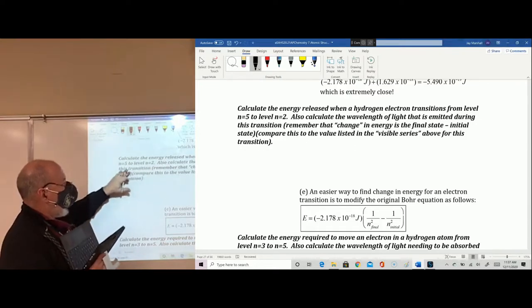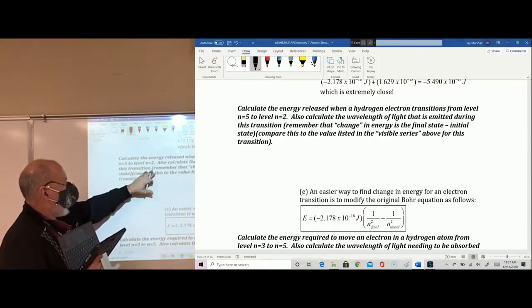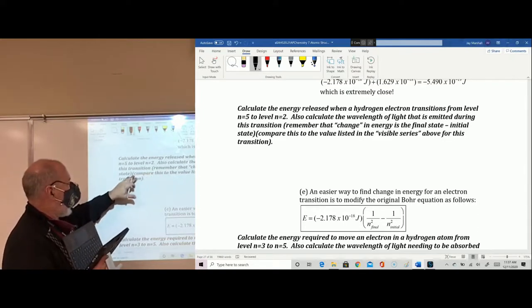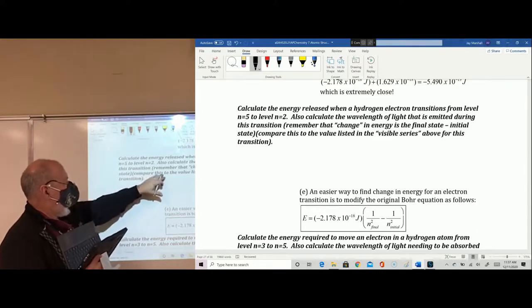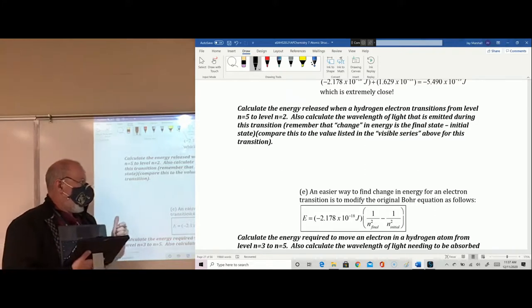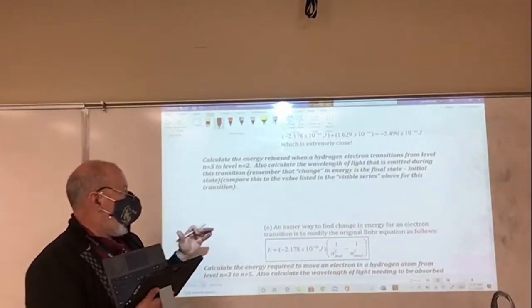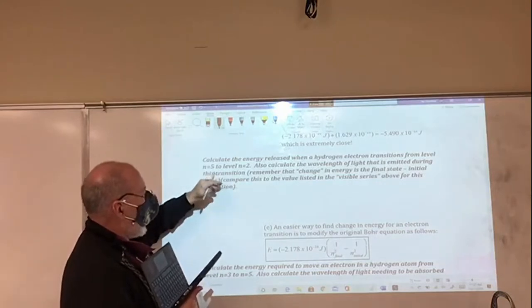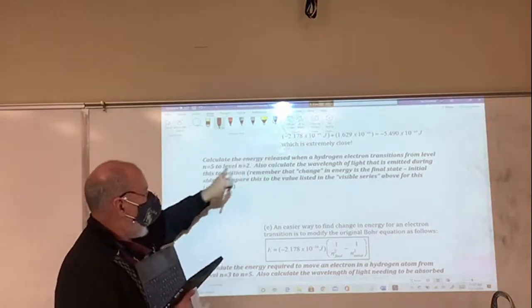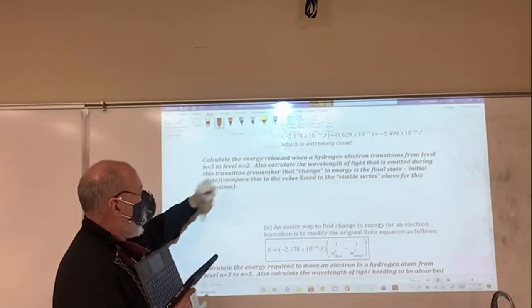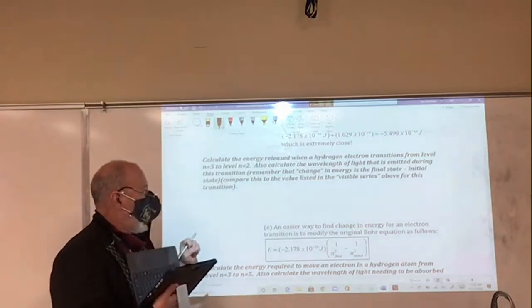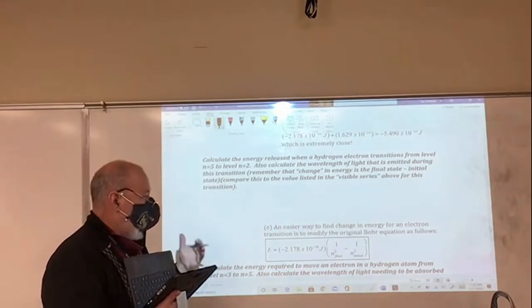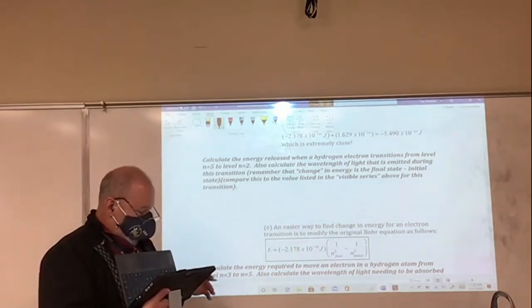Also calculate the wavelength of light that is emitted during that transition. Remember that the change in energy is the final state minus the initial state. Compare this to the value listed in the visible series above for this transition. If we did this, we would find that what we predicted based on the Bohr atom would give us a value of the wavelength of light that's very close to what we would expect. Again, we're not going to need to do that.